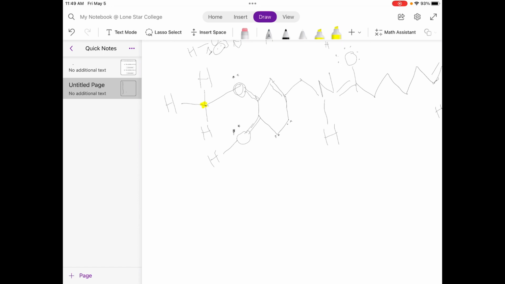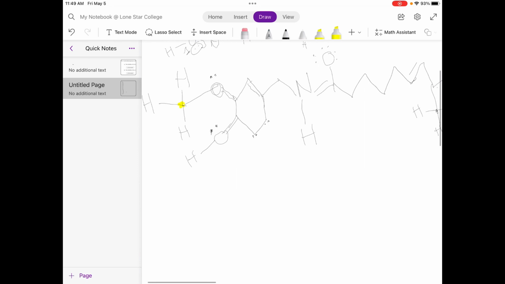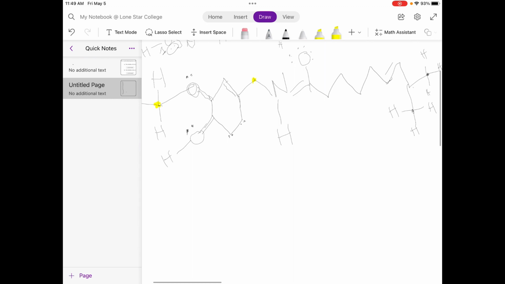Let's start with the tetrahedrals. This one is a tetrahedral. You can't see it, but there are actually 2 hydrogen atoms connected to it, making it 4. This is a tetrahedral. This is a tetrahedral. This is a tetrahedral.